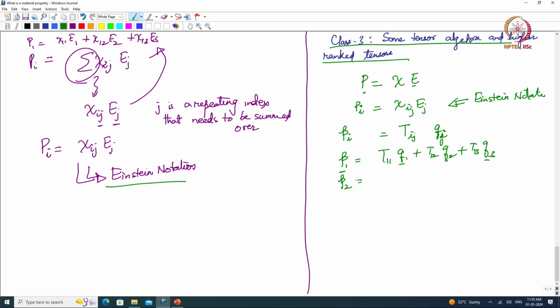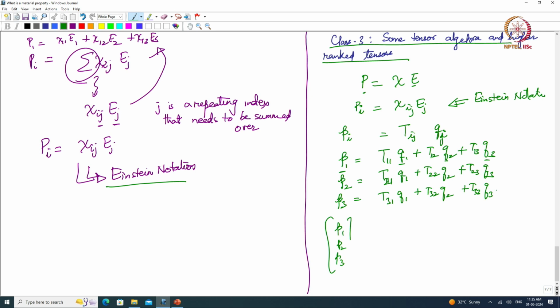P2, a generalized effect vector, is related by my property tensor as T21 Q1 plus T22 Q2 plus T23 Q3, right. P3, again a generalized effect that I am measuring, that is also a vector, is T31 Q1 plus T32 Q2 plus T33 Q3.